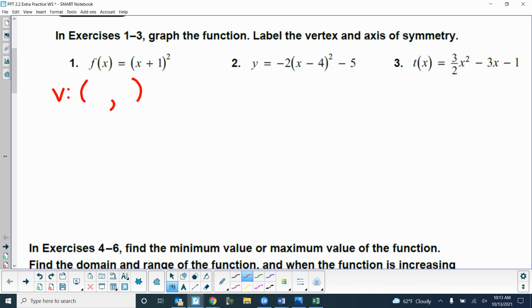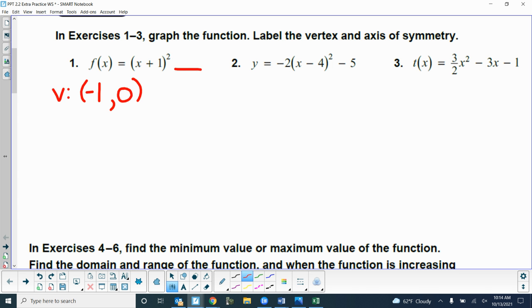Close. Yeah, -1, right? Whatever's in here with the x, it's the opposite of that for the x value of the vertex. Tristan, what's the y value of the vertex? 0. Right. There's no number out here, so the y value of the vertex is 0.